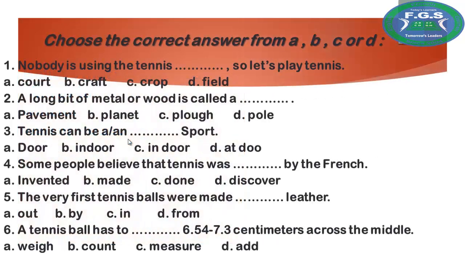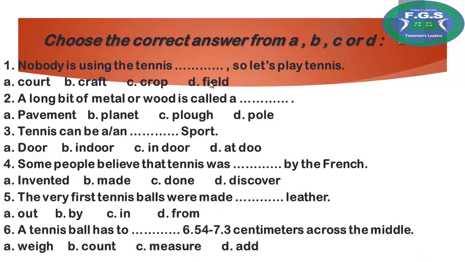Now time to exercise about vocabulary. Choose the correct answer from A, B, C, or D. Nobody is using the tennis space, so let's play tennis. So he says that nobody is using the place in which they play tennis. So what do we call the place in which we play tennis? Do we call it court, craft, crop, field?